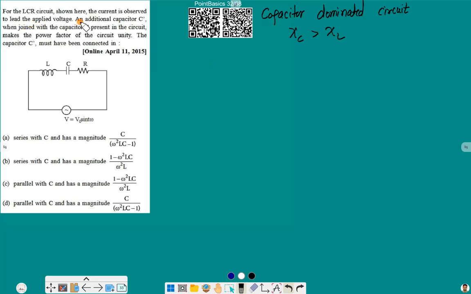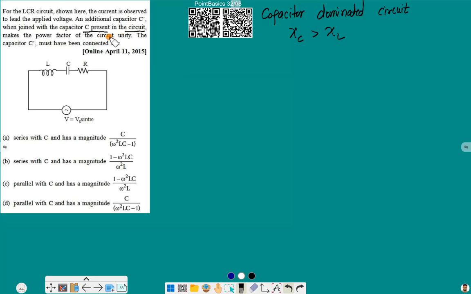Now an additional capacitor C, when joined with the capacitor C present in the circuit, makes the power factor unity. So we have to find out where this additional capacitor needs to be connected with our original capacitor C. Either it will be in series or in parallel.